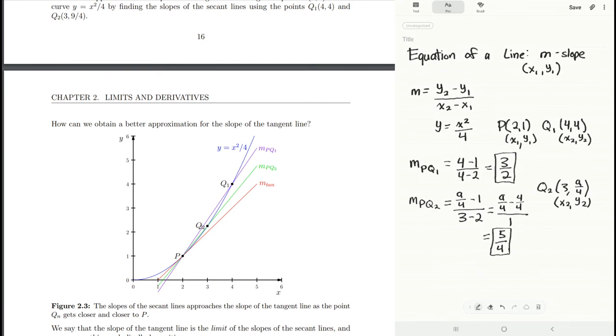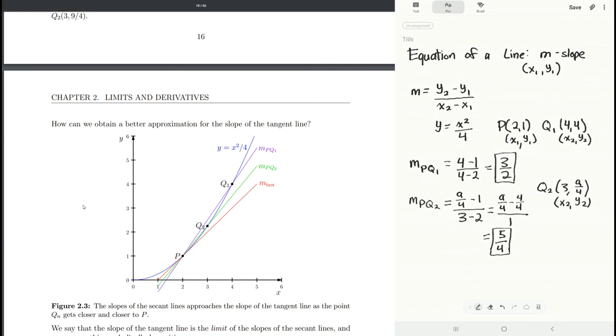Well, we could repeatedly choose our point Q to be closer and closer to P. The closer Q is to P, the better the approximation is to the tangent line.